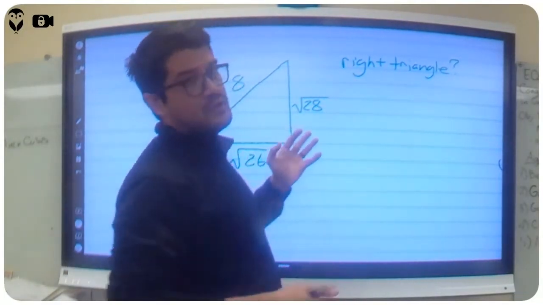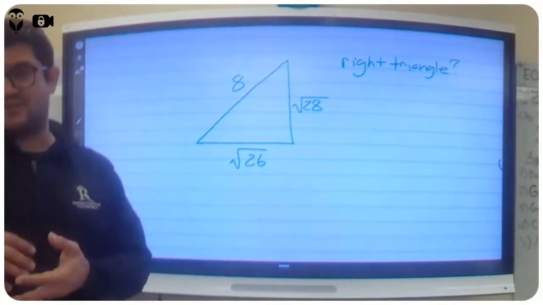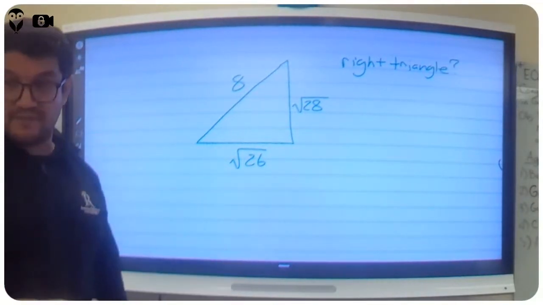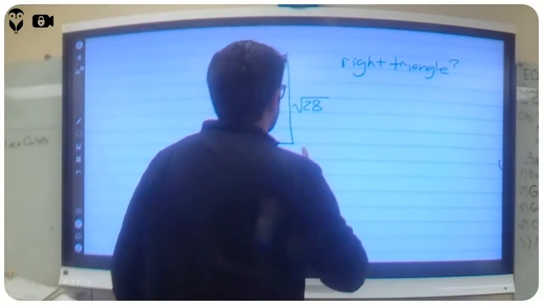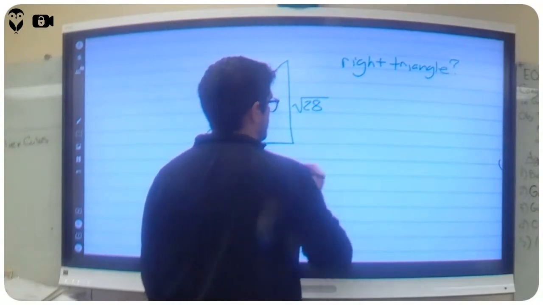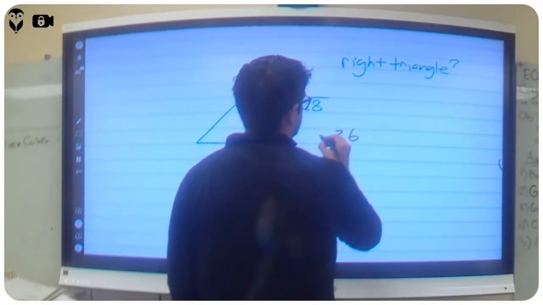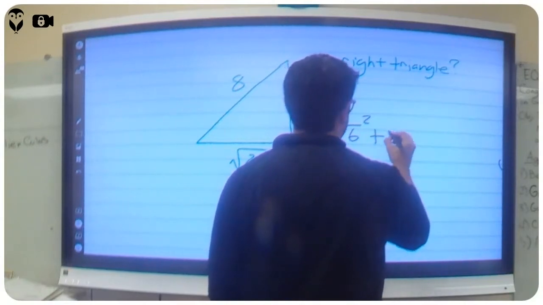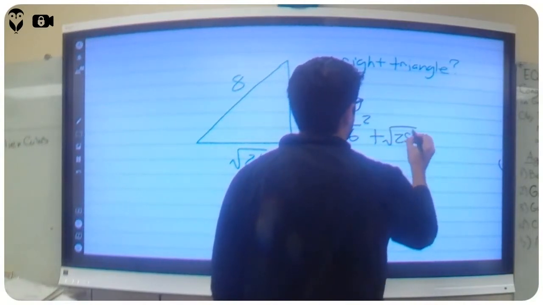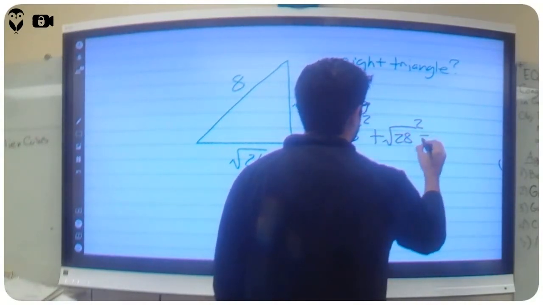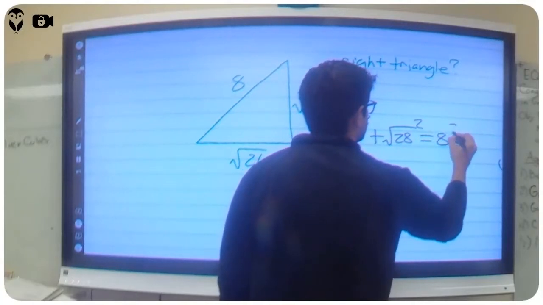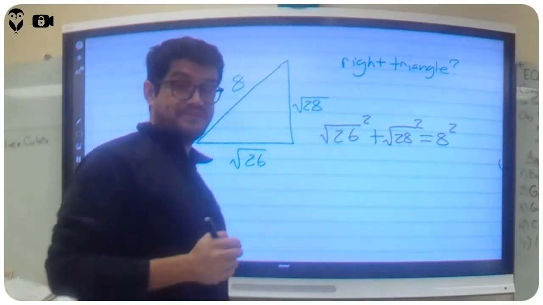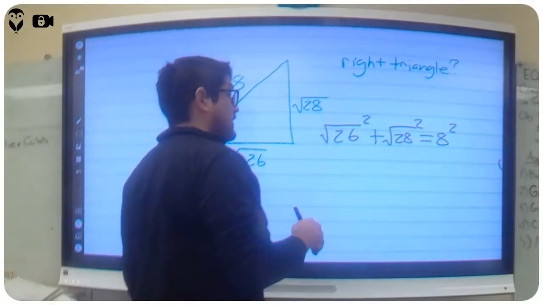You should know that the square root of 28 and 26 is 5 point something. It's an irrational number, but this is actually going to make it very easy. So the square root of 26 squared plus the square root of 28 squared, so a squared plus b squared equals 8 squared, okay? So let's find out.